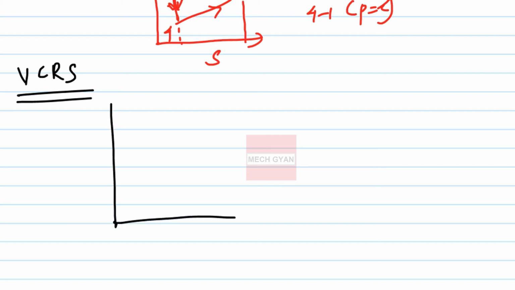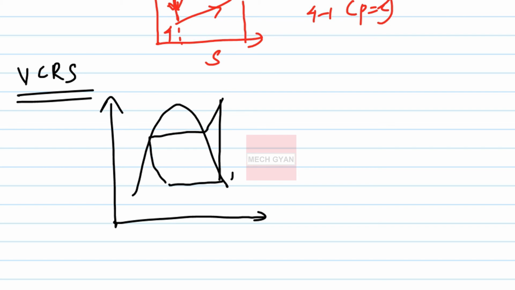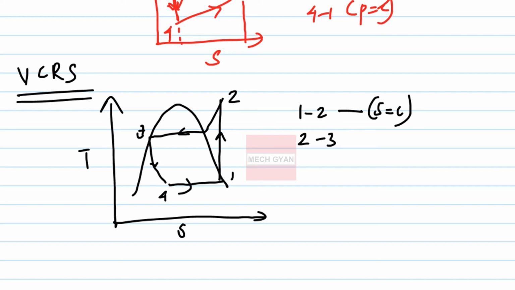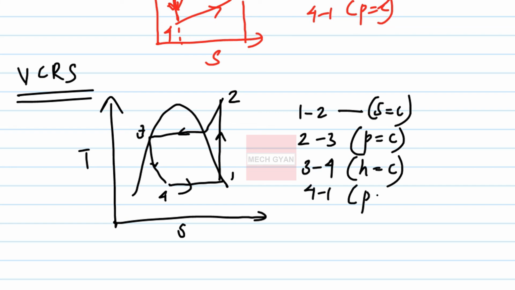The TS diagram for the VCRS cycle is 1, 2, 3 and 4. 1 to 2 is S equal to constant, 2 to 3 is the condensation process, P equal to constant, 3 to 4 is an isenthalpic process, and 4 to 1 is P equal to constant.